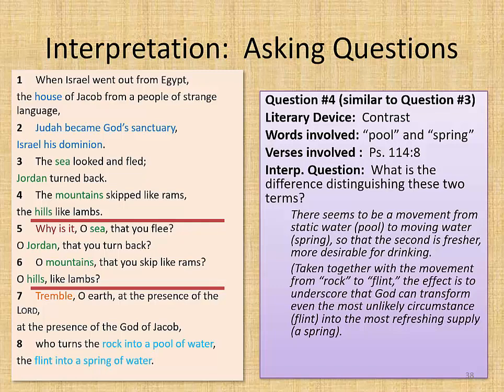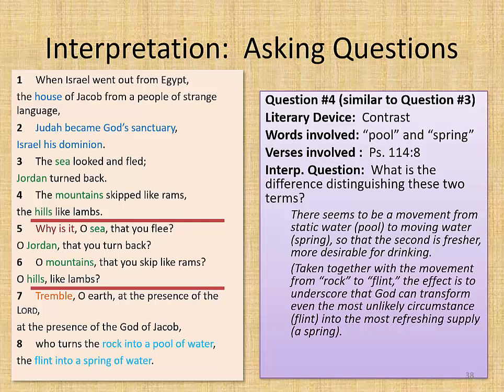The parenthetical answer following then enlarges and links it back to question 3. Just FYI, this is not a necessary piece, but it's enlarging the discovery. So taken together with the movement from rock, general stone, to flint, specific and hard stone, unyielding, the effect seems to underscore God can transform even the most unlikely circumstance, flint, into the most refreshing supply, a spring.